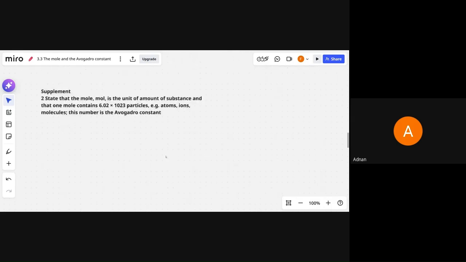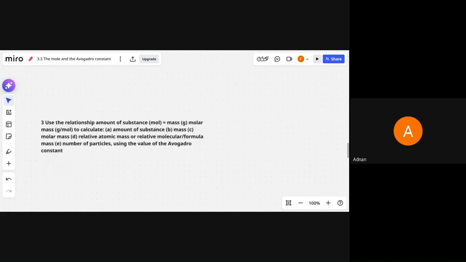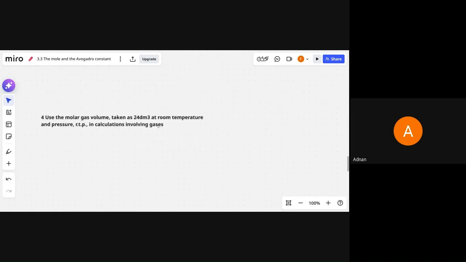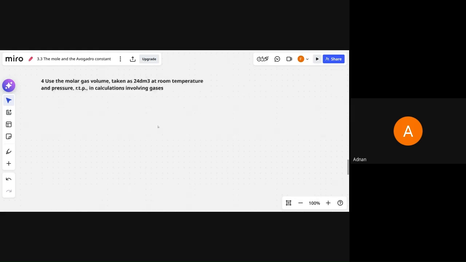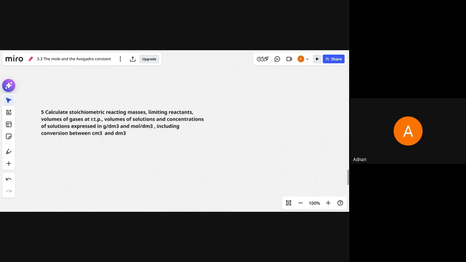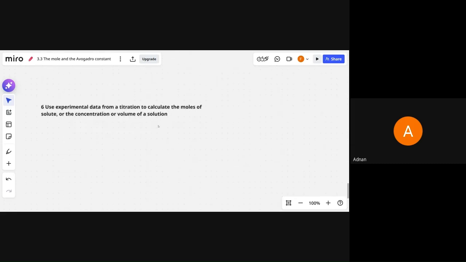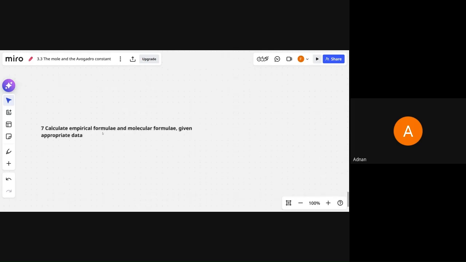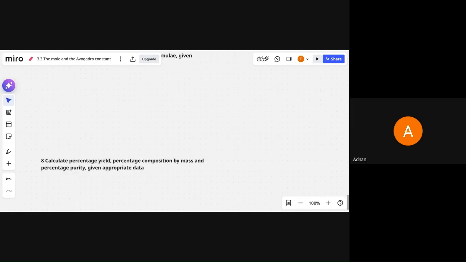But the rest of the subtopics are the mole, calculations related to mole and Avogadro's constant, relationship among substances, molar mass and molar gas volume, stoichiometric relationship, limiting reactants, using the experimental data from a titration to calculate the moles of solute, or the concentration or volume of a solution, and then calculating empirical formula and percentage yield.